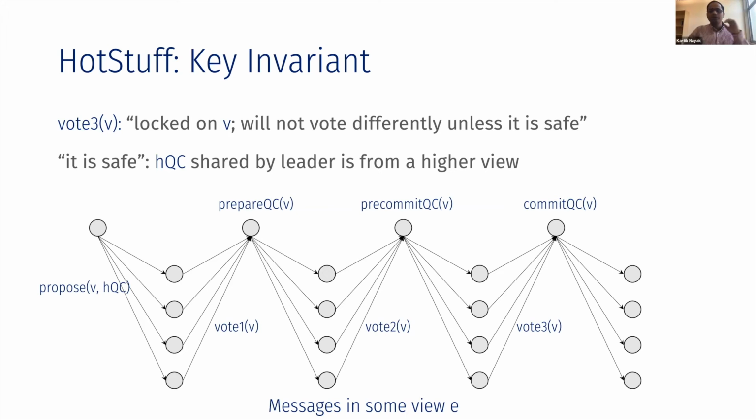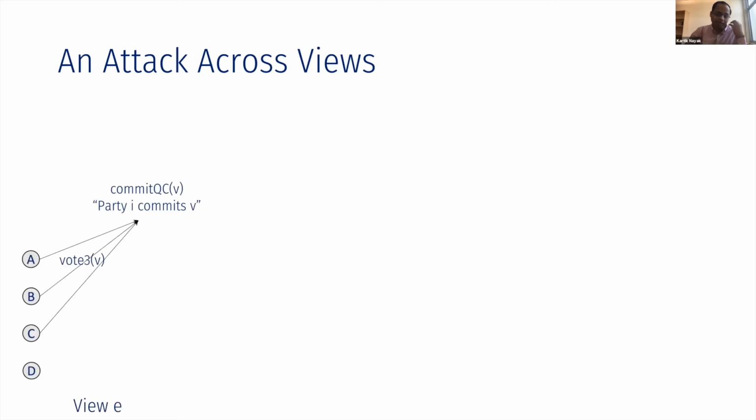With this in mind, let us look at one potential attack that is possible in this setting. Of course, all of the claims that I made only hold when f is less than or equal to t. This attack will assume that f is greater than t, and we have 4 replicas, so there can be 2 Byzantine replicas.